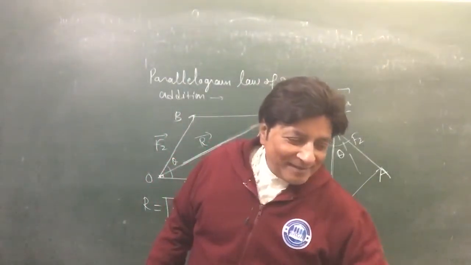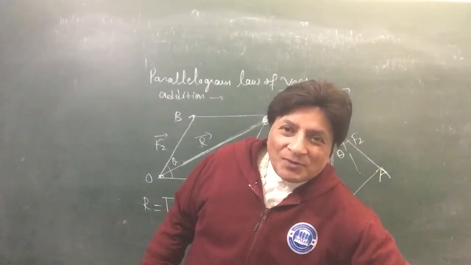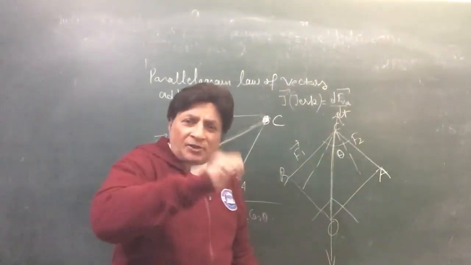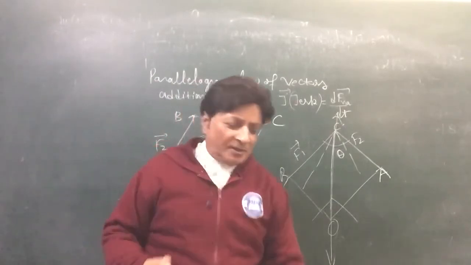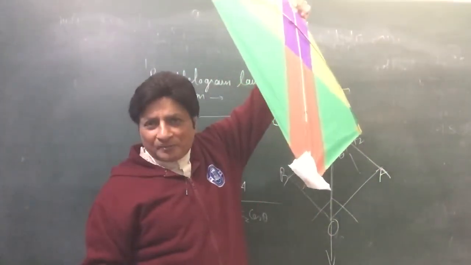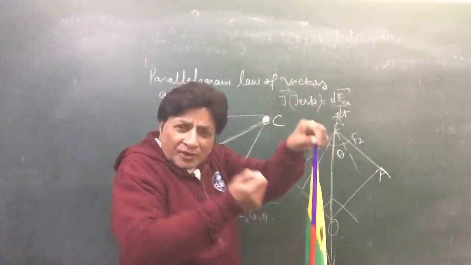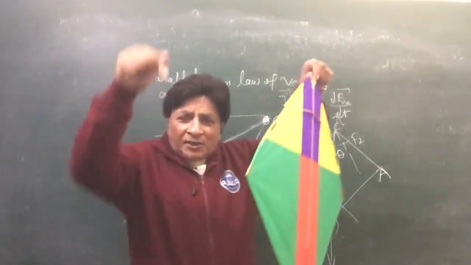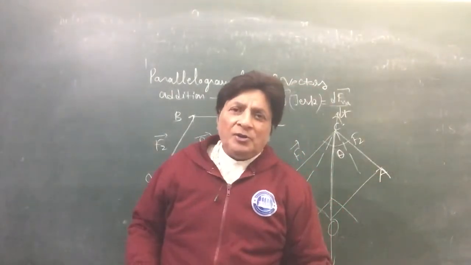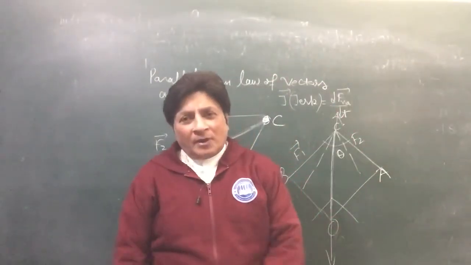So students, the more quickly you give jerk like this, the faster it goes up. And when you pull it with a constant force, it gets continuous downward action force. It continues to move in the upper direction.